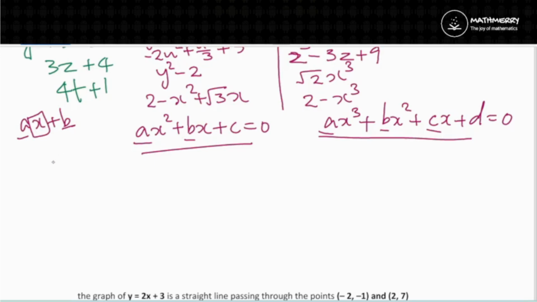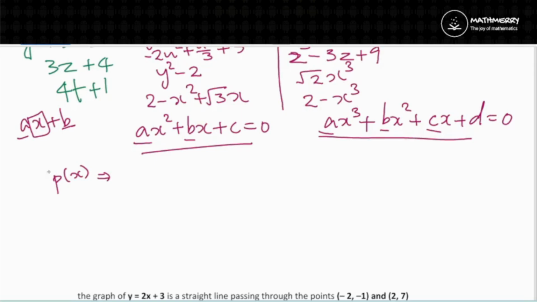If p of x is a polynomial in x, how are we going to say the 0 of this polynomial?